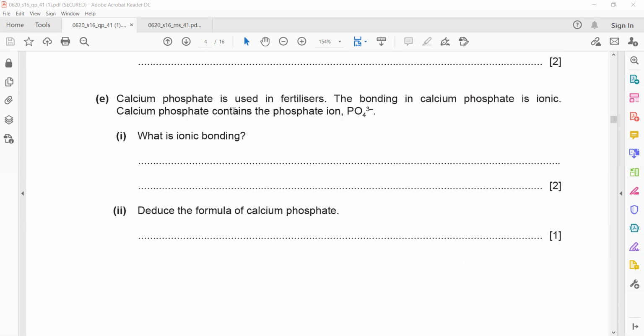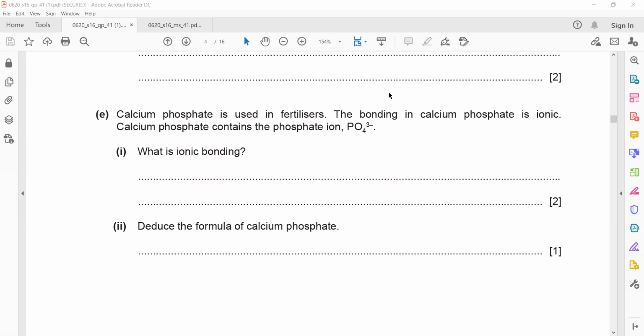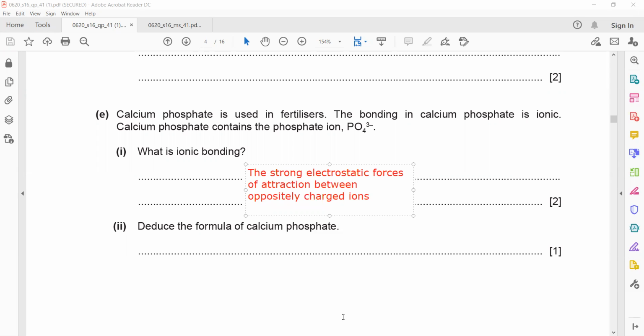The last part of this question, calcium phosphate is used in fertilizers. Bonding in calcium phosphate is ionic. What is ionic bonding? How do you define ionic bonding? Yes, that's correct. The electrostatic force of attraction between the unlike charges, that's called ionic bonding.